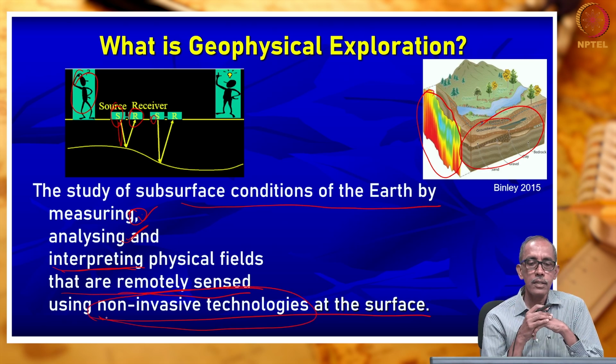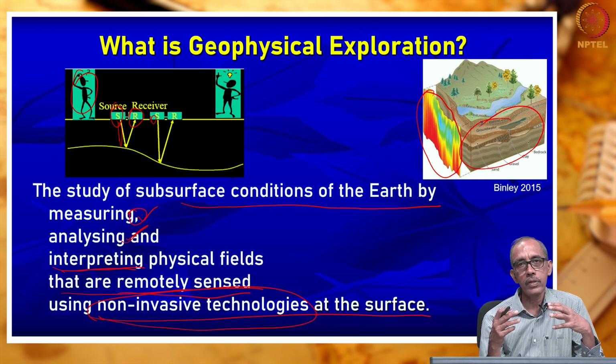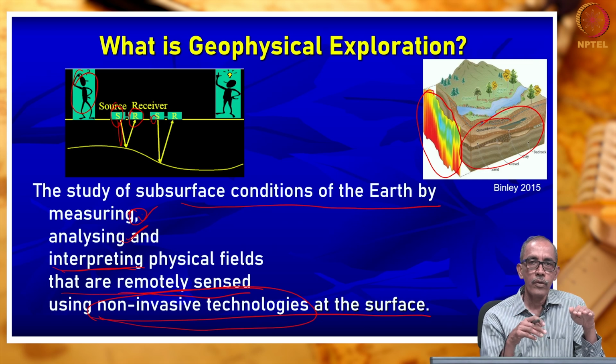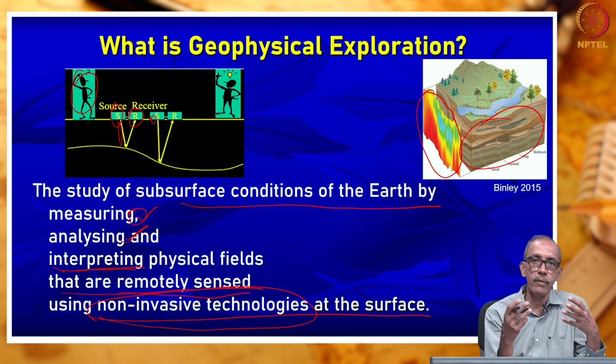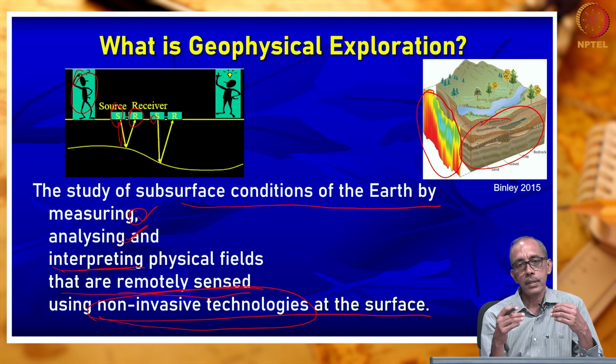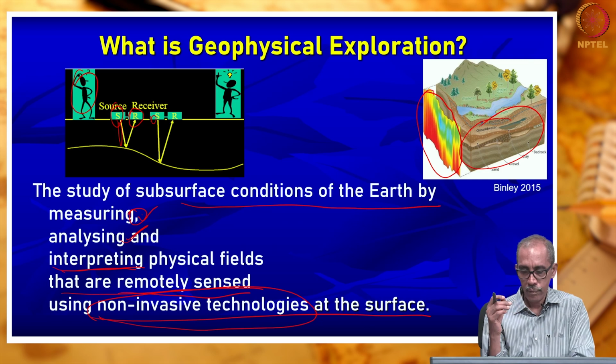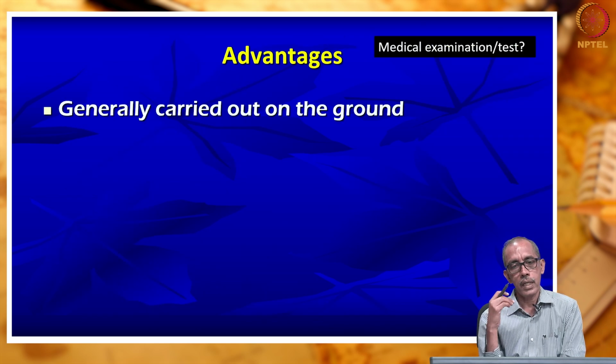To repeat, in geophysical exploration, without being in close contact with the subsurface, you deploy some instruments at the surface of the earth, make some investigation, and make some measurements. We use those measurements and interpret the values or numbers we have got to understand the subsurface.